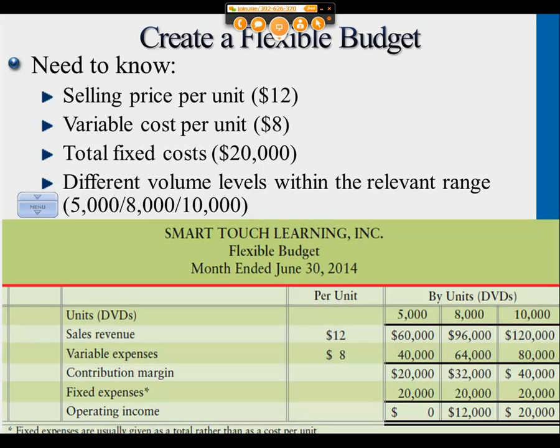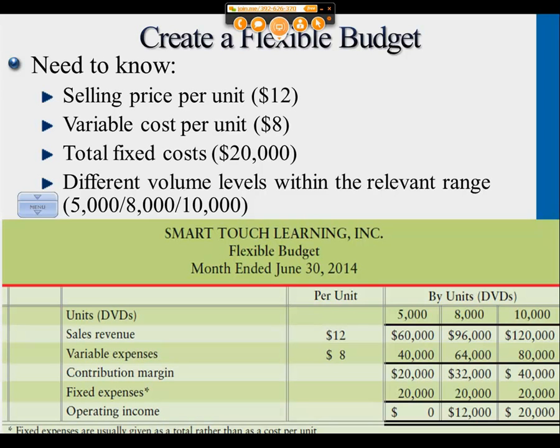All right, so here we have our flexible budgets for Smart Touch. Revenues, where we show our revenues and costs. So let's look just a little bit in detail. We have units, sales revenue, variable expenses, contribution margin, fixed expenses, and that in fact affecting our operating income.